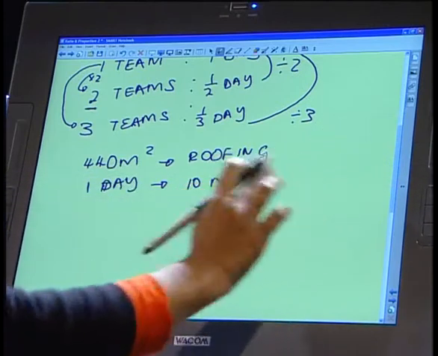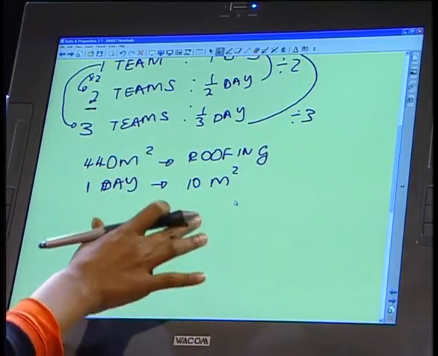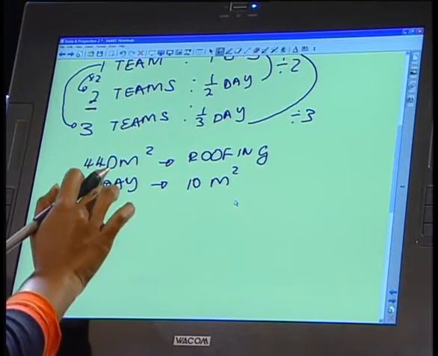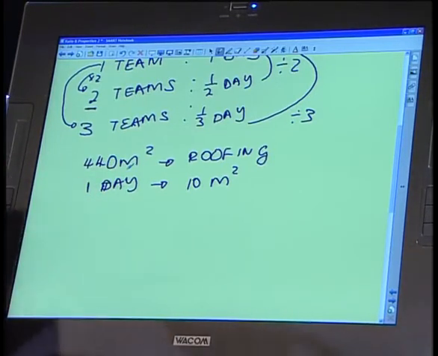So we want to find out, how many days is 440 squared meters going to take? Now, there's really 2 parts to this question. Remember, ultimately, we want to find out how many teams we are going to need if we want to do this job in 4 days. But in order to get there, we've got to break it up.